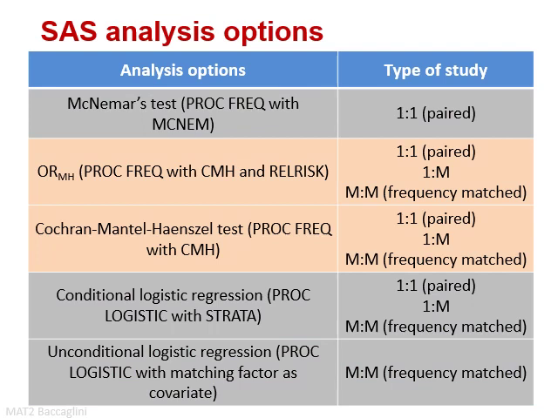For any type of design, whether it's a 1-to-1, 1-to-M, or M-to-M matched design, we can calculate both the odds ratio and the p-value using the Cochran-Mantel-Haenszel test. If you're interested also in having stratum-specific information, we can add the relative risk option, but that's optional.